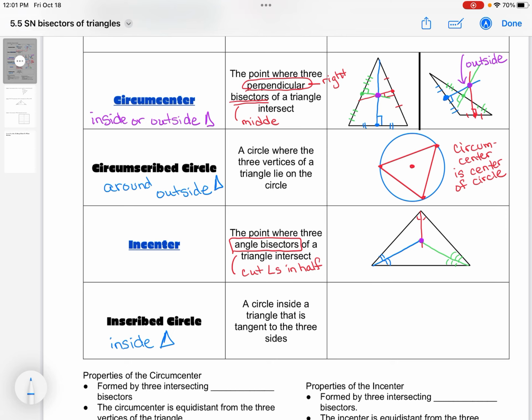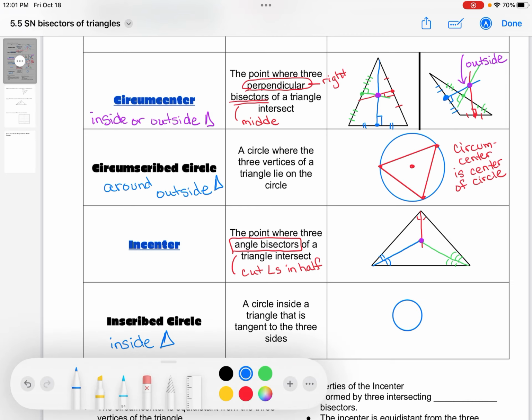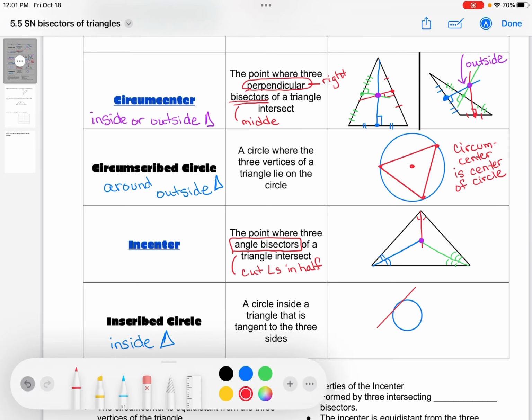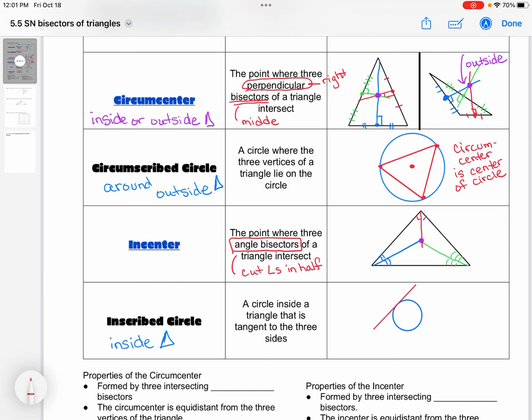I don't know if it's easier to draw the triangle first or the circle first. We'll draw the circle. And then my triangle is going to go like this. Ooh, no. Not like that at all. Because it can only touch it. These are hard to draw. Okay, should have drawn this first.